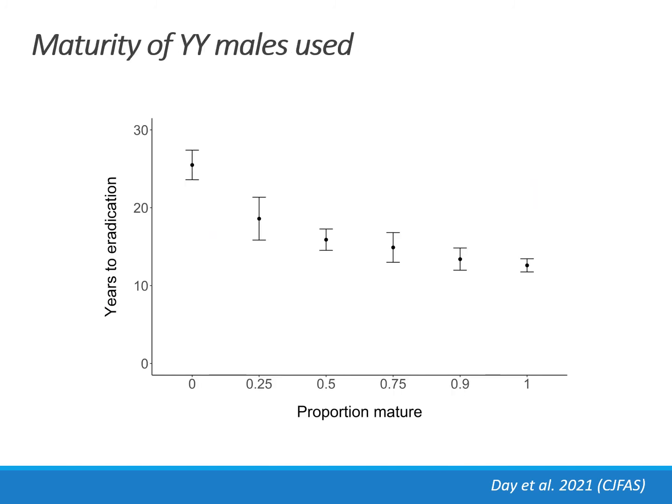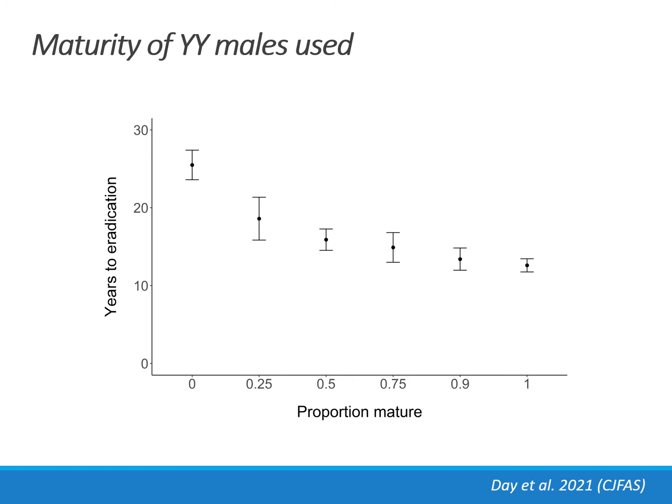Finally, we looked at the maturity rate of the YY males that were outplanted, and this was almost an afterthought until we started getting reports back that some proportion of the YY males being outplanted were indeed mature. And so we said, yeah, let's look at that and see, can this be manipulated in the hatchery to produce more mature fish in the stream.